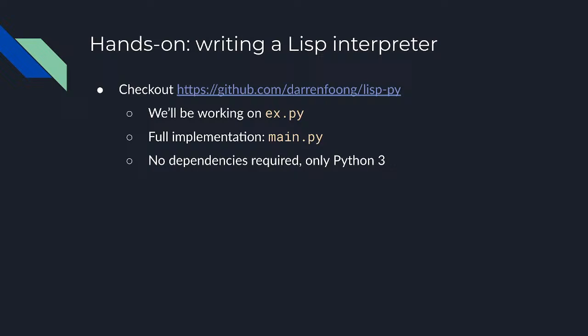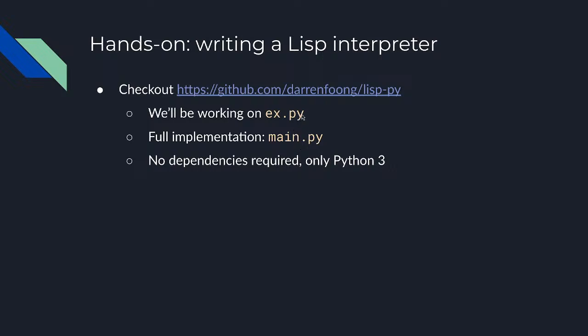Okay. If not, then in case you have not done it already, please check out this Git repository, and we'll be mainly working on the file x.py, which stands for exercise. The answer sheet is in main.py if you want to just jump straight into the actual implementation.